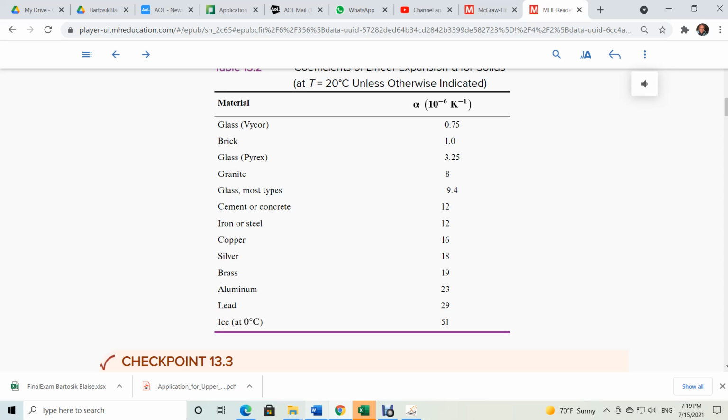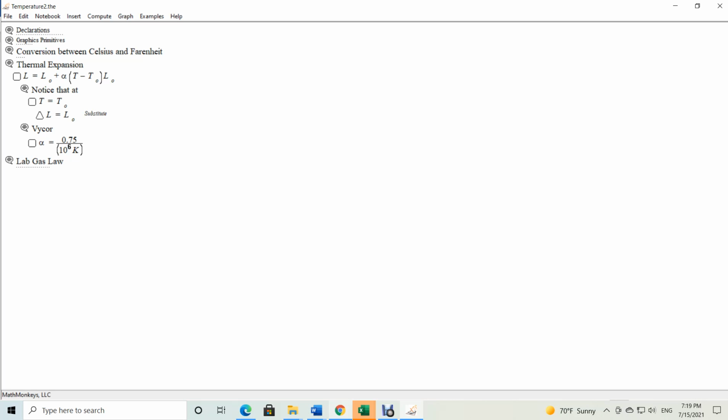It's so small that we can hardly see any change in the length of the solids. We also have to put L equal to 1 meter, and we're going to use a change in temperature of 5 kelvins or 5 degrees C.